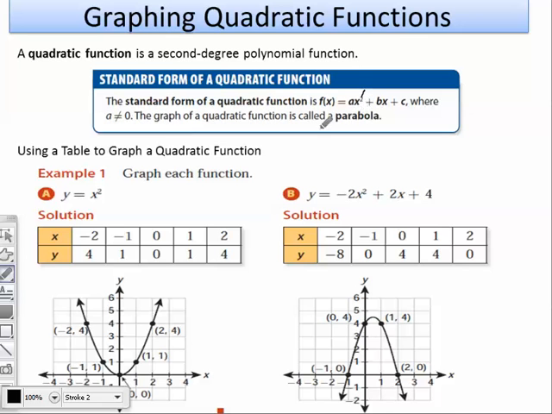If it's a positive number, then the quadratic is going to be pointing up like this. If it's a negative number, then your quadratic is going to be pointing down like this. I like to call it the hook'em horns and the rainbows. So if your a value is positive, it's going to be a hook'em horns.